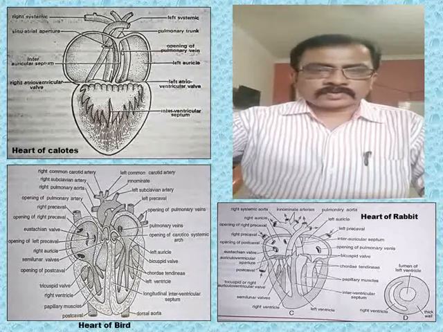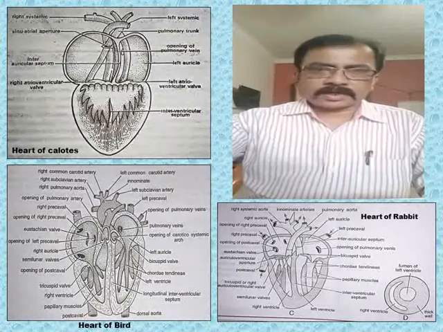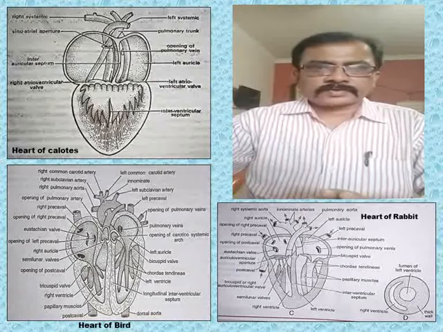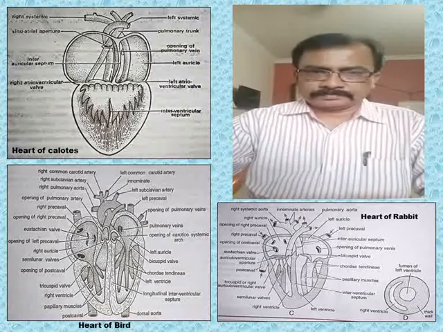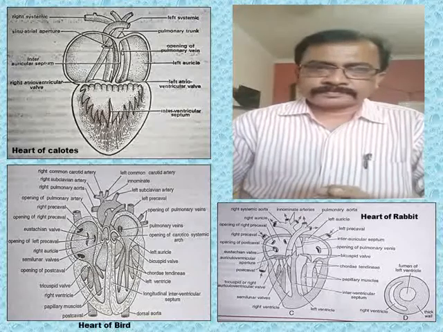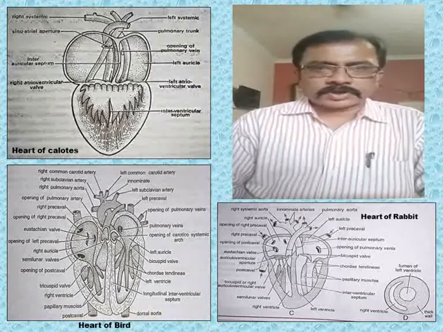Next, we have to compare now the other three vertebrates' heart, that is lizard, bird and mammal, in the same format with the comparative points what we have discussed earlier in shark and frog.